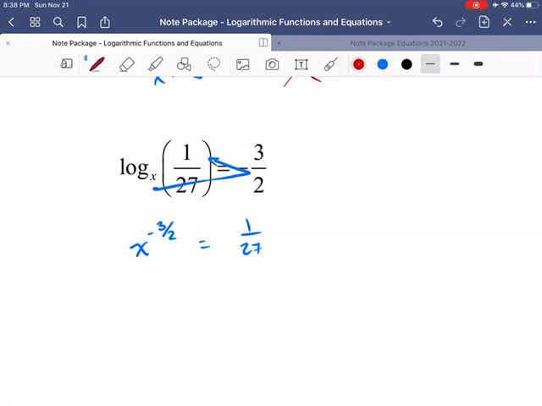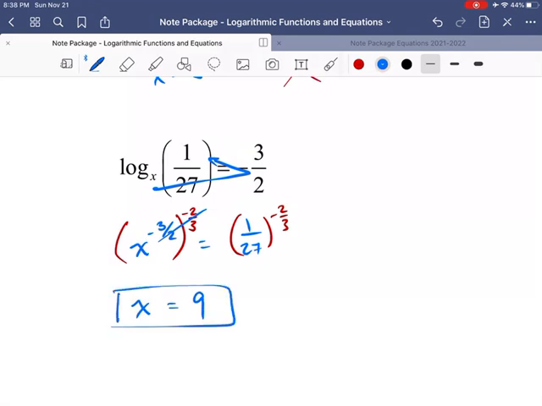If we want to just get x by itself, you can raise it to the reciprocal. Since you're multiplying the exponents, that becomes x to the 1. And you can actually evaluate 1 over 27 to the exponent negative 2/3 on your calculator, and it will come out to 9.